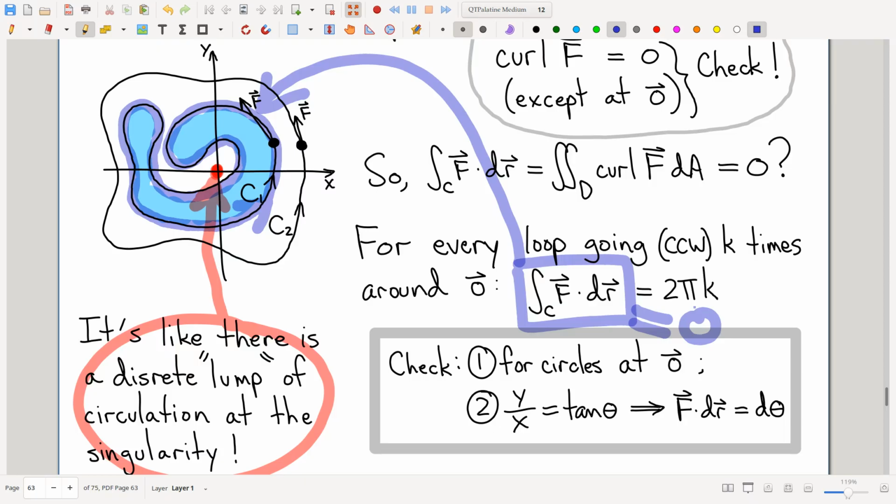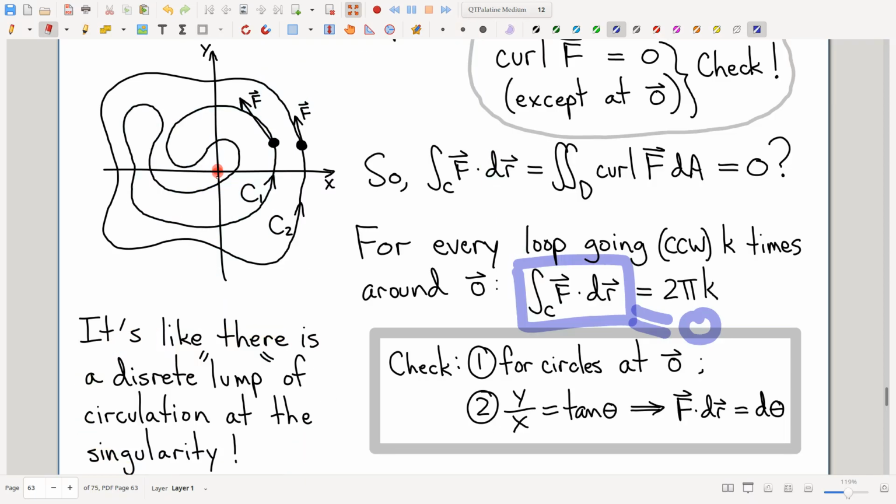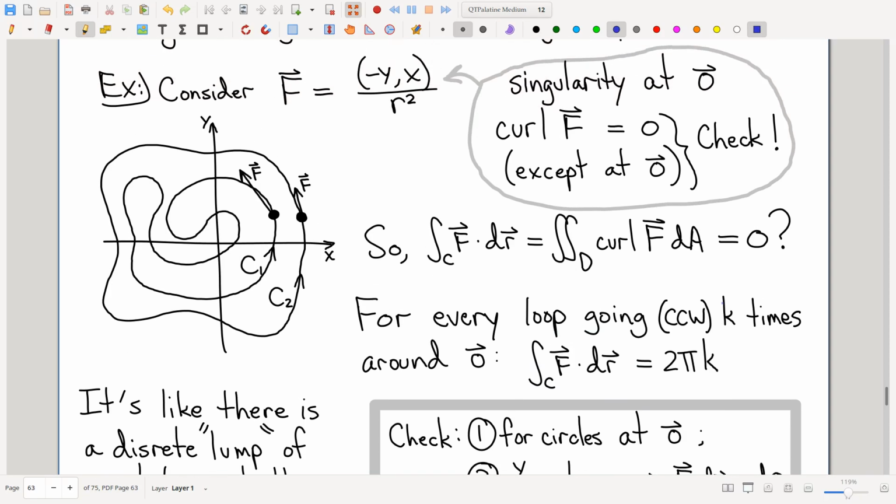Okay, so this kind of thing is a helpful little bit of intuition for thinking about how to deal with singularities in certain cases, and unfortunately it's not always quite this simple. It worked out, I deliberately arranged it to work out nicely here, but there are common analogous scenarios that y'all will see. We're going to see an analogous situation when we're talking about vector fields, gravitational vector fields, for example, and electric fields.